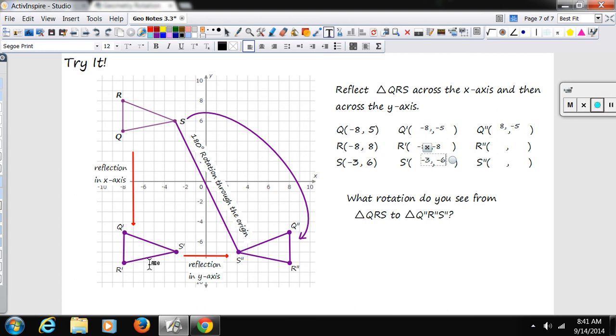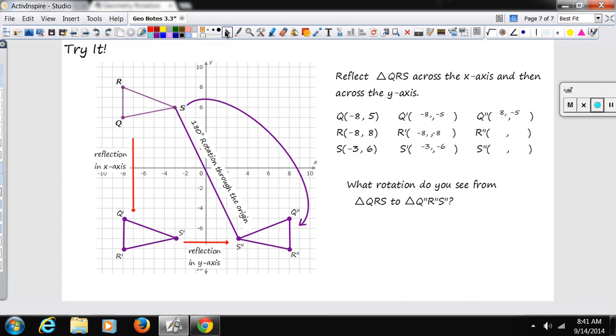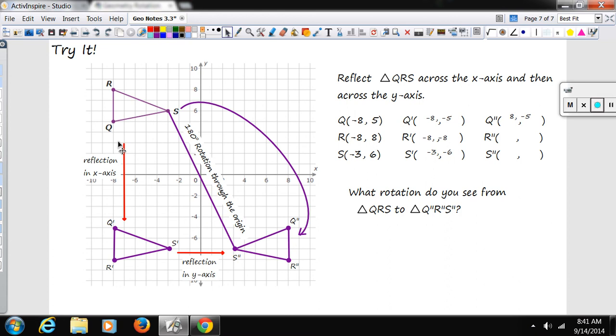Oh, whoops. That was a little off. 1, 2, 3. 1, 2, 3. Oh. 6. I got the 8 down here. -5.